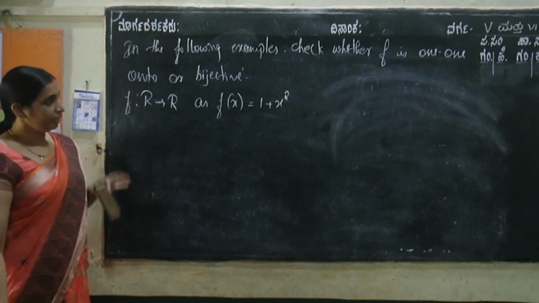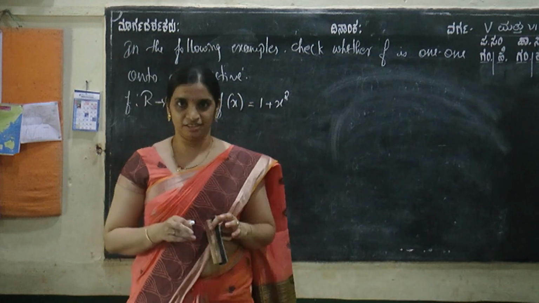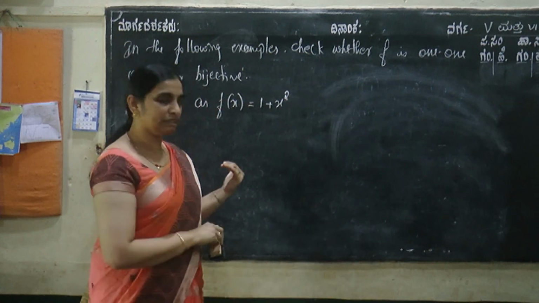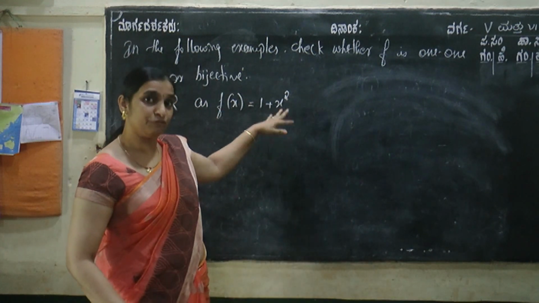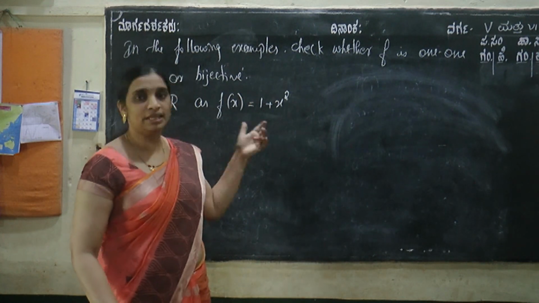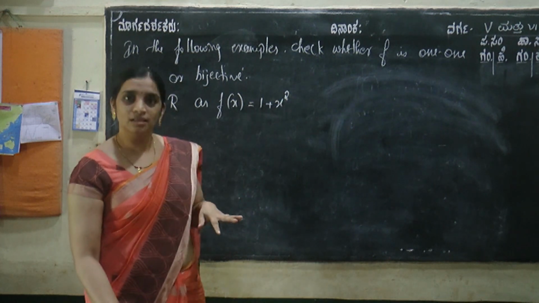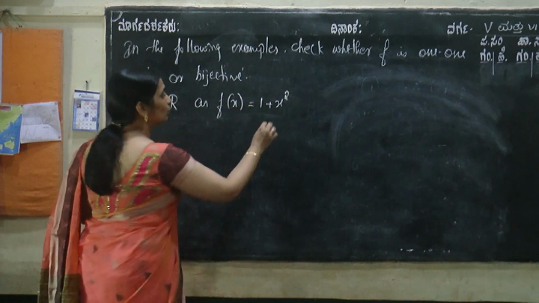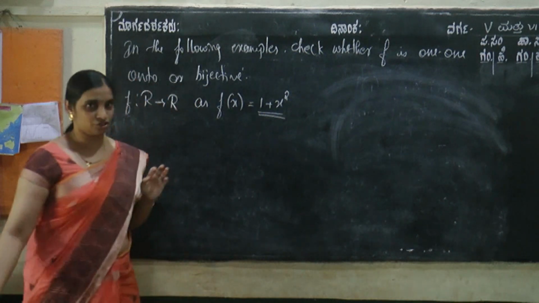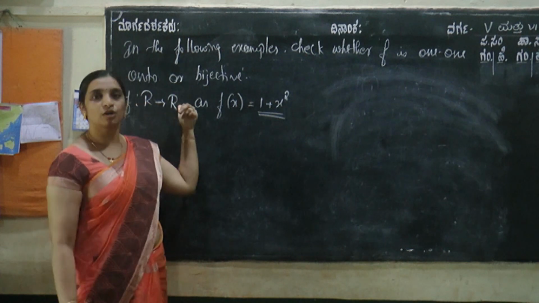But if you go with that method, it will be a little bit lengthy. So we will just consider the other method which we have used while checking the injectivity and surjectivity of the modulus function, greatest integer as well as signum function. That is to find the range of the function, and afterwards we will compare the range and codomain of the function.